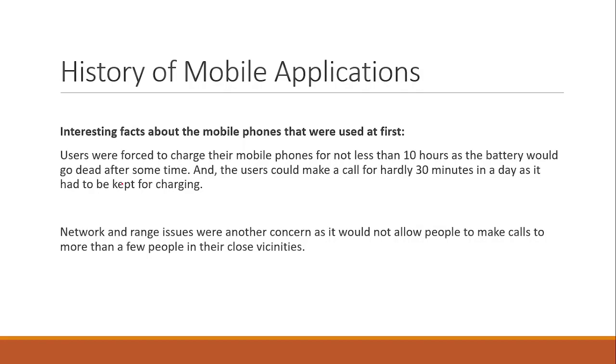So notice that the battery capacity of the mobile device was very limited and very small. Compared to our batteries now, we have 5,000, even 10,000 mAh. So the capacity is bigger compared to the previous years.